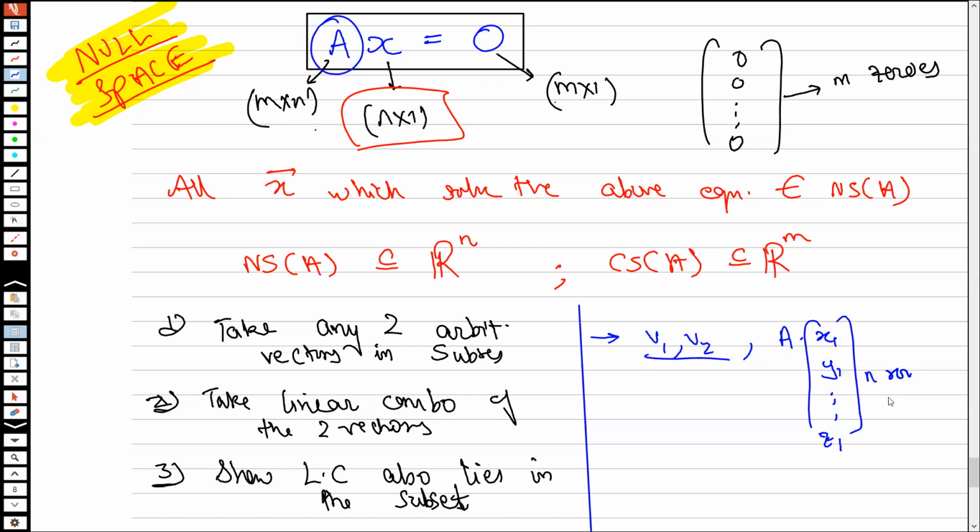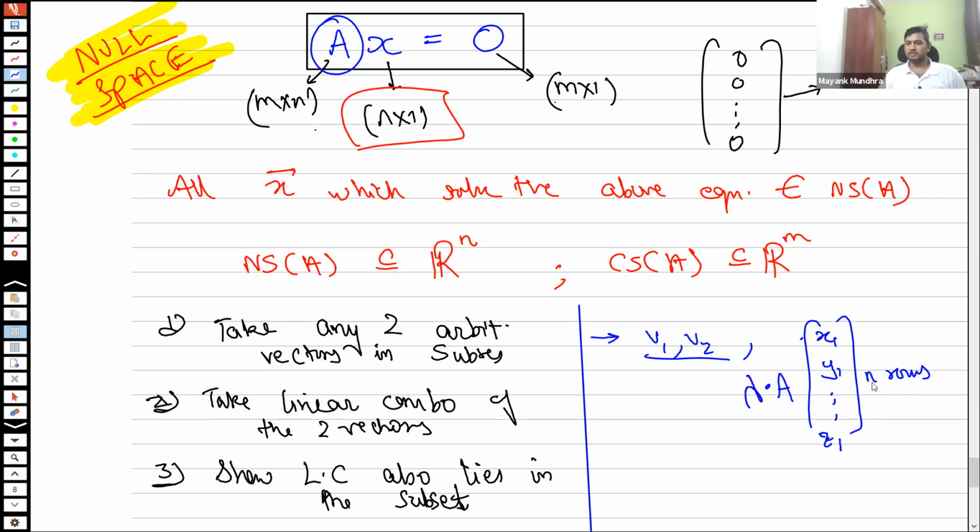N rows. So what happens to this thing? We multiplied it by lambda, lambda times A into this thing. And if we can show that it is 0, then you want to show this to be 0.